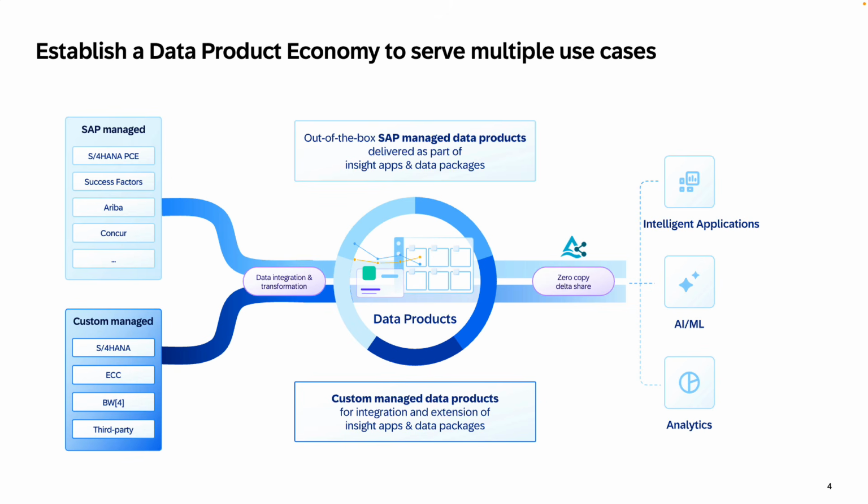So we bundled, for example, certain CDS views coming from S/4HANA PCE, which are used to get the data for a specific use case there. The same is happening for SuccessFactors, Ariba, and all the others.